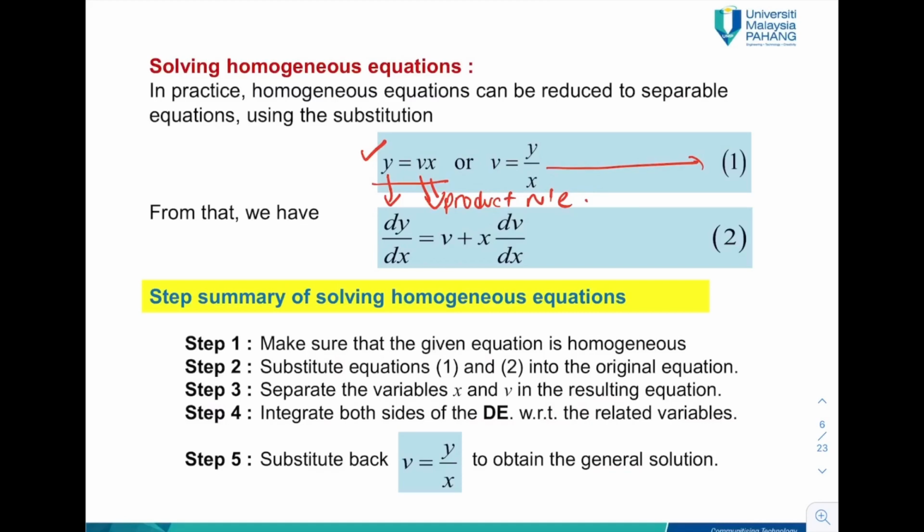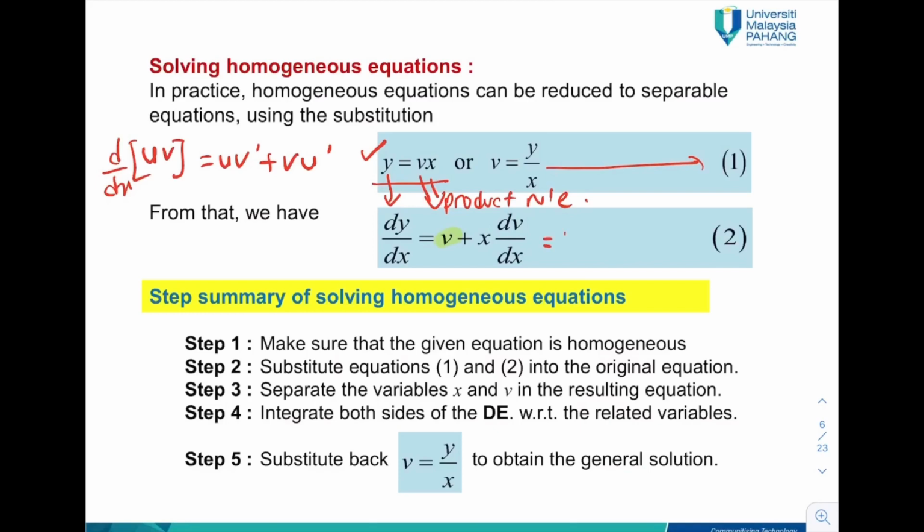Remember the product rule: when you differentiate uv with respect to x, you will have u v prime plus v u prime. So here we copy the v, and then we differentiate x with respect to x, which gives 1.